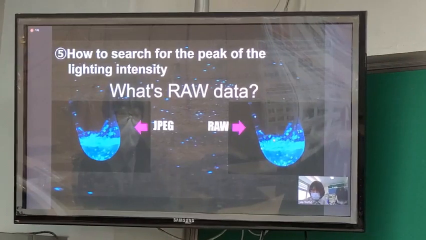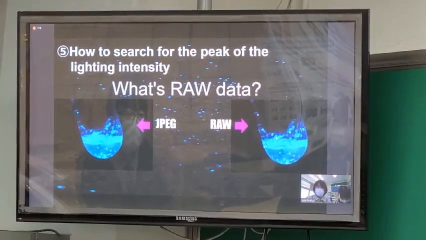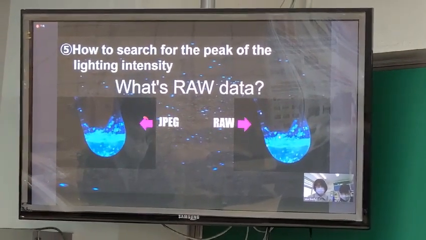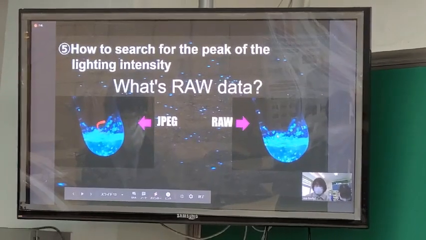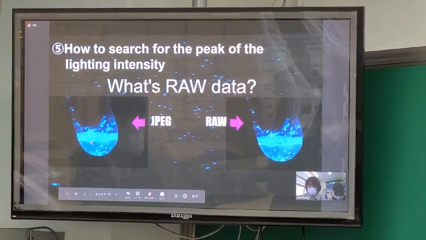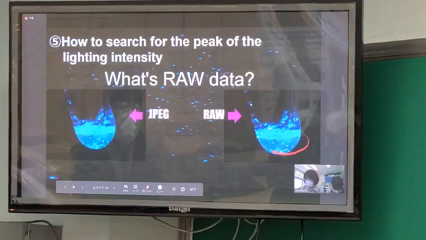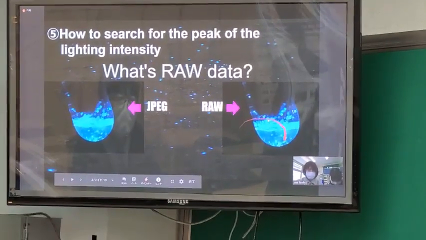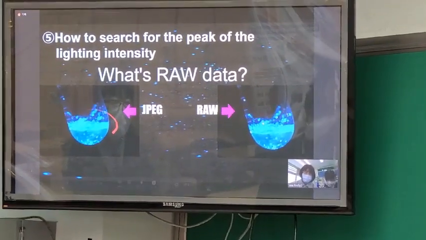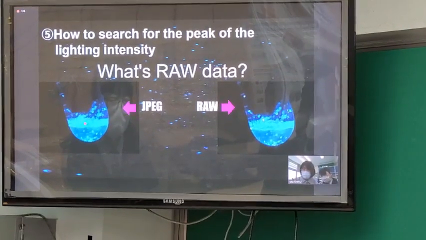What is raw data? Look at the pictures. The right picture is clearer than the left picture. Do you understand? The light is clearer.